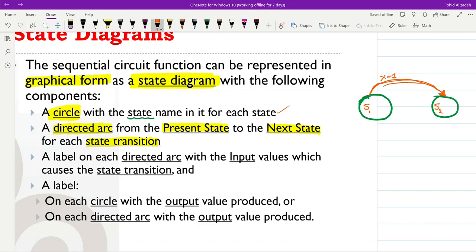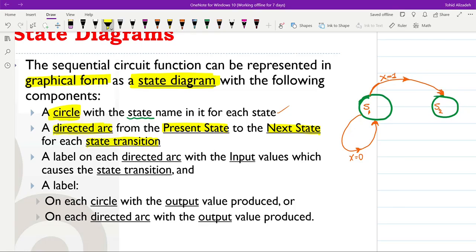Okay, so this is the directed arc. Please pay attention to the direction. The current state is S1, the next state is S2 when the input is equal to 1. Alternatively, we can have this case when x is equal to 0. If the current state is S1, the next state will be S1 as well. So we will remain at the same state. So again, this is a directed arc.